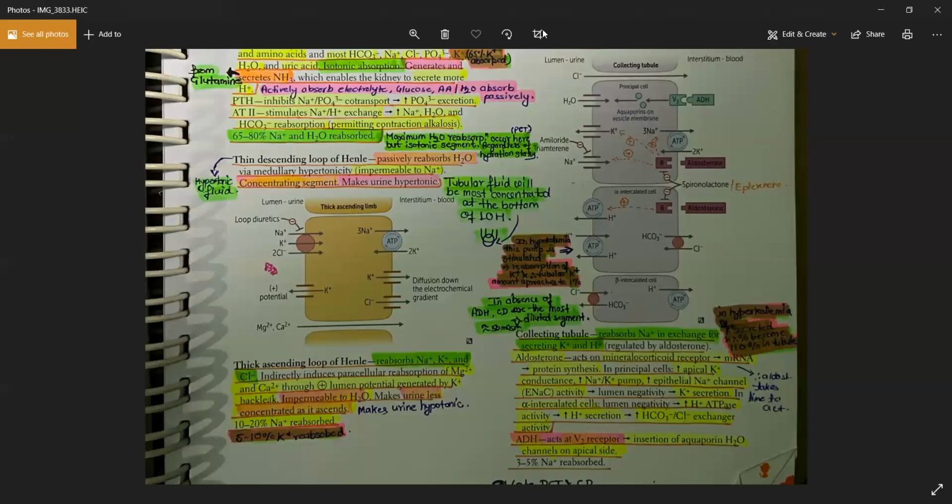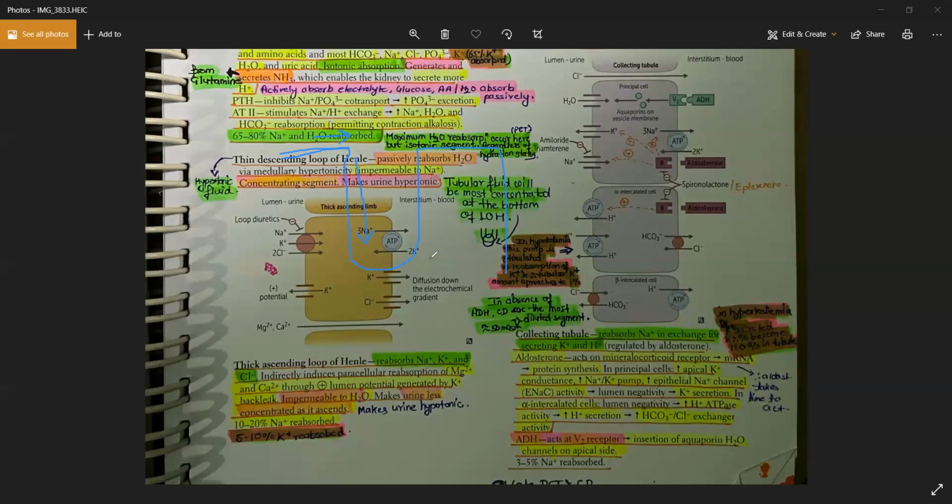So let me draw this again. This is my PCT. This is my descending loop of Henle, then the ascending loop of Henle, then the DCT, and then the collecting duct. So when my filtrate passes through the PCT, it will be isotonic. When it passes through the descending loop of Henle, it becomes hypertonic, right?